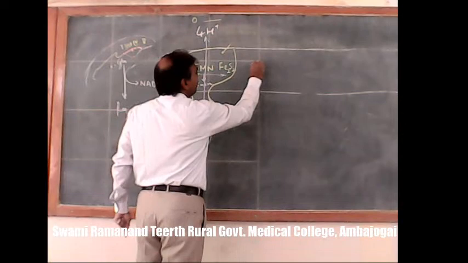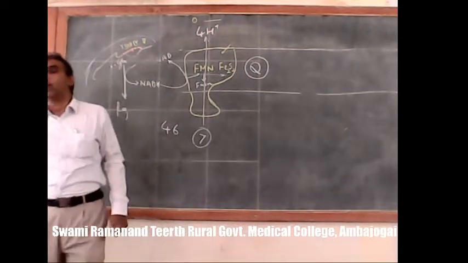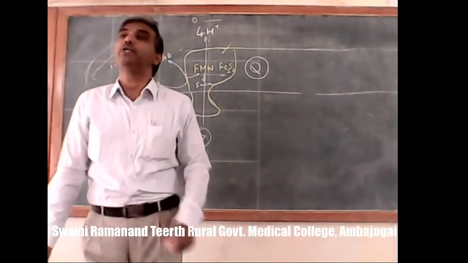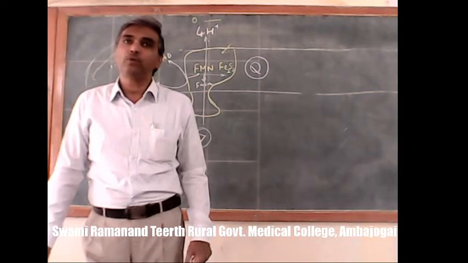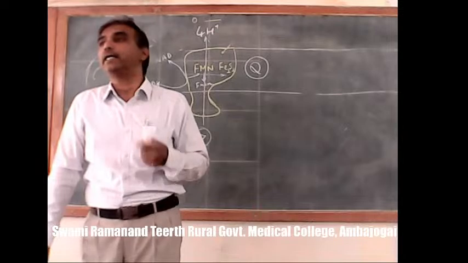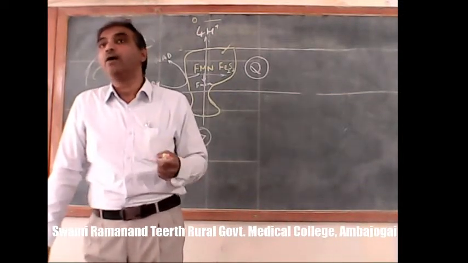Now, there is another component called coenzyme Q, also known as ubiquinone. Coenzyme CoQ or ubiquinone. This is lipid soluble. It contains isoprenoid units. An isoprenoid unit is nothing but having 5 carbon atoms.